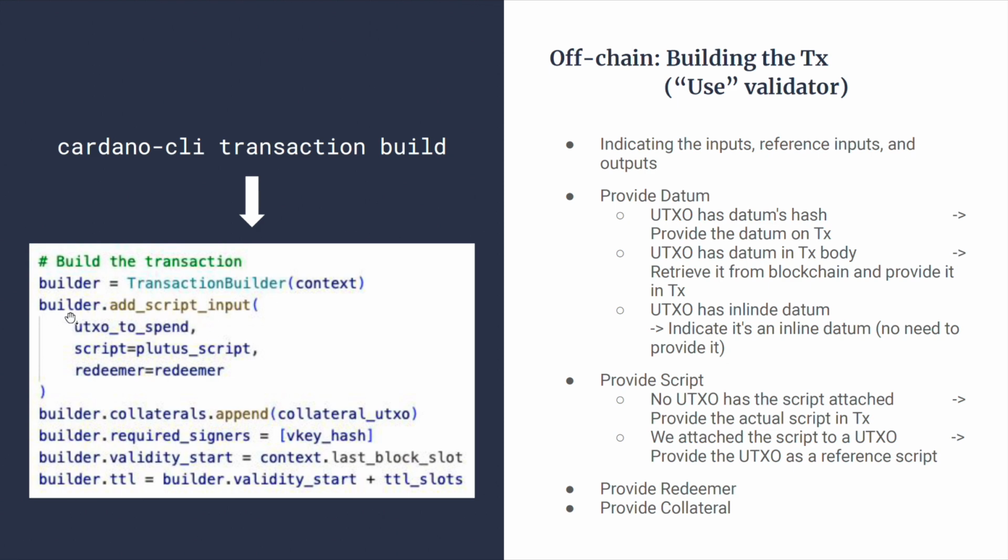So we just provide the UTXO that we have previously fetched. We give the script as well and the redeemer. We will see in later lectures how to actually construct the redeemer, for example. And we add the collateral, the signers, and give a validity interval, and I think we will see all this in more detail later. This is just an overview.